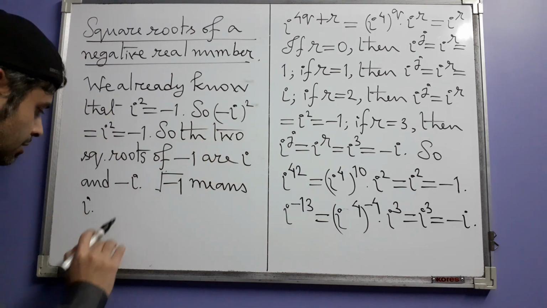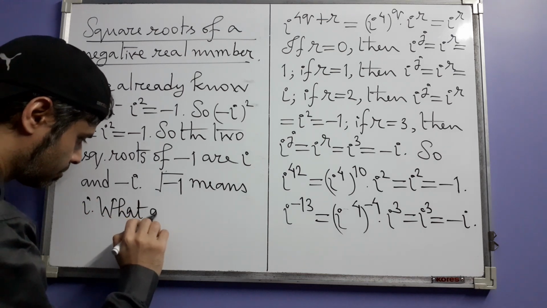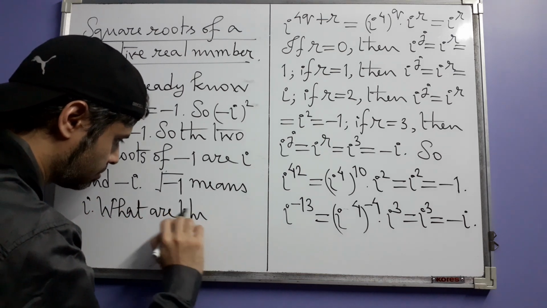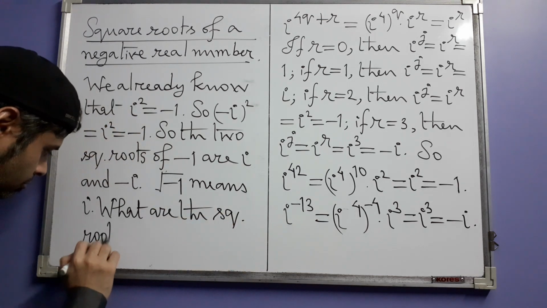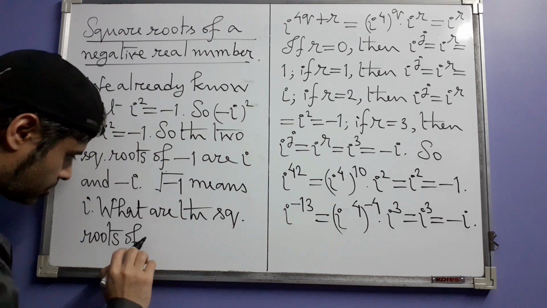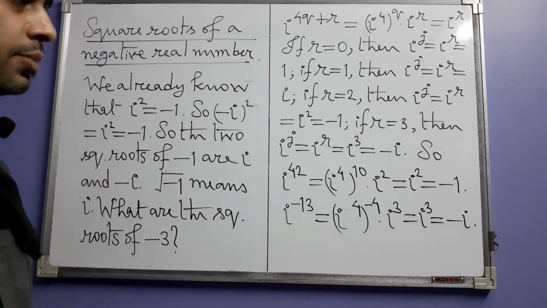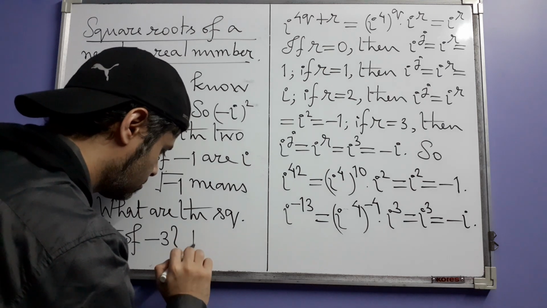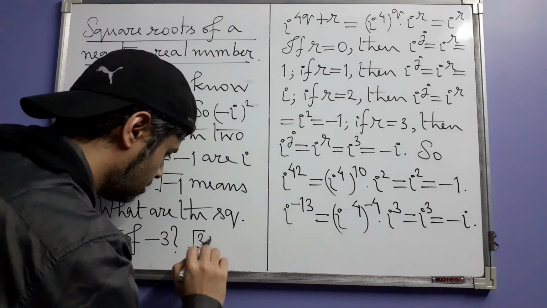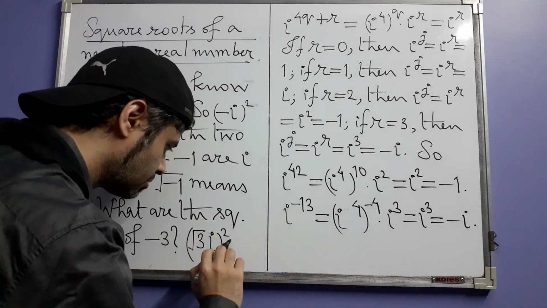Now the next question is this: what are the square roots of minus 3 say? Let us try this number, root 3 times i. Let us square it and see what we get.